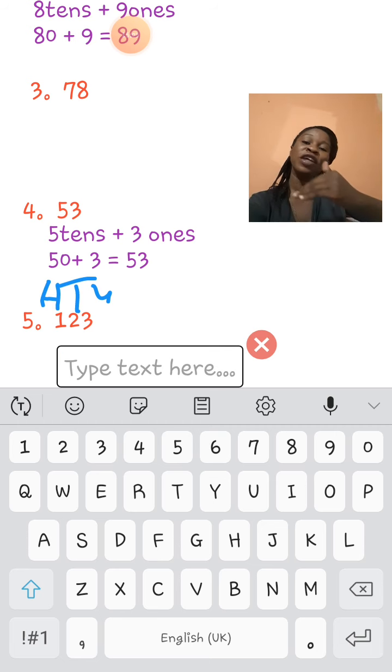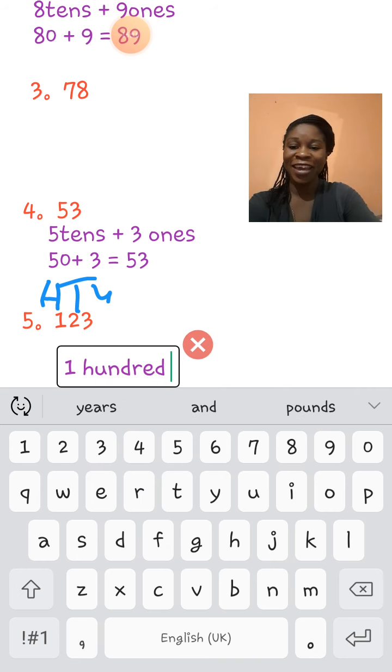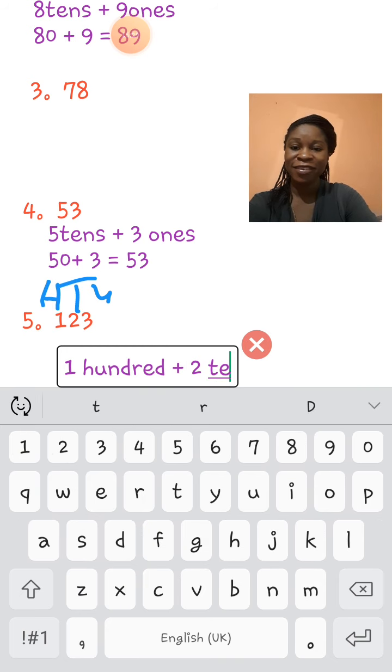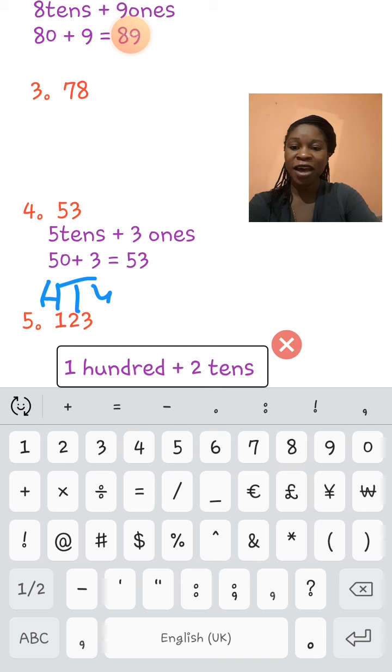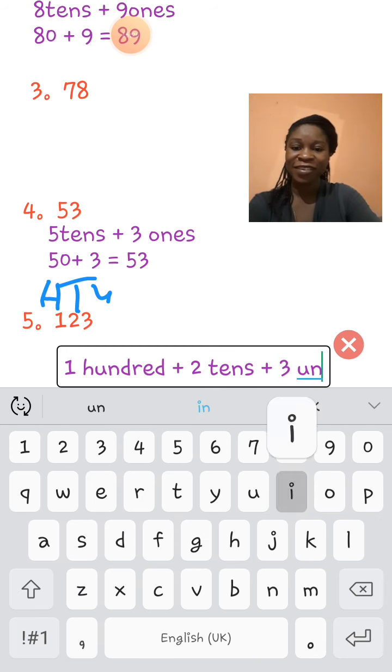That's what happens. So don't forget, in the partition method, you must go step by step. If you move to the answer straight up, you've actually missed the point, because in math you have to follow it step by step. So we're supposed to have 100, plus 2 tens, plus 3 units.